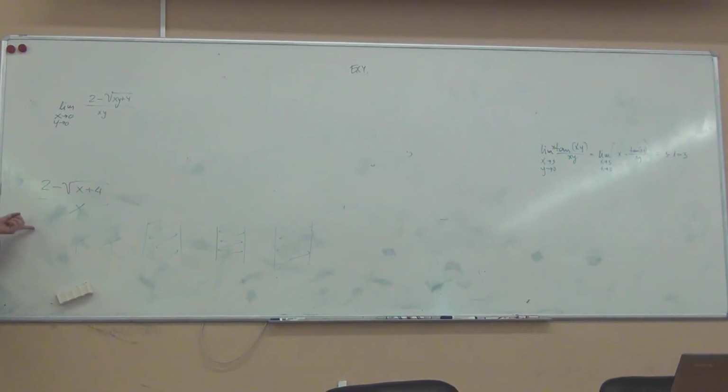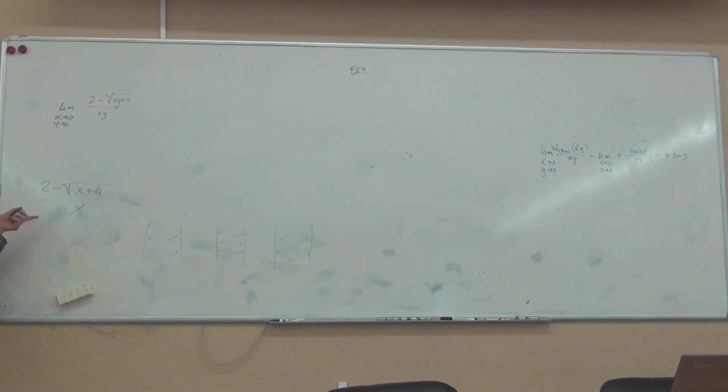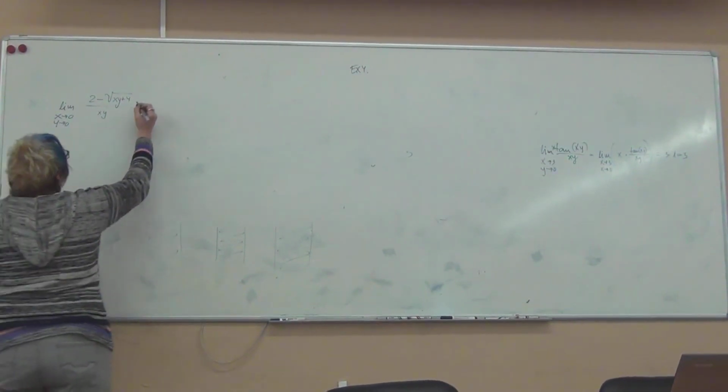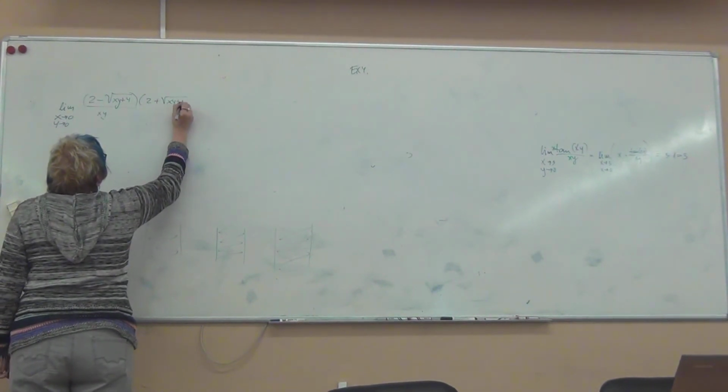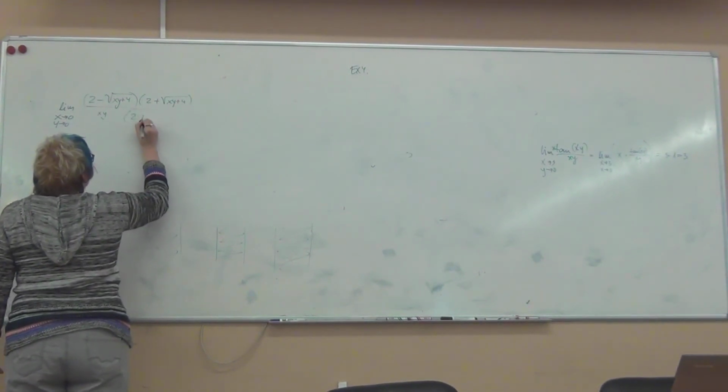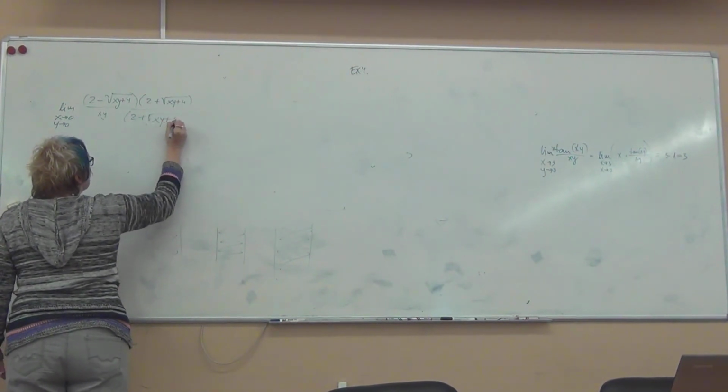What did we do in this case? We multiplied and divided by the conjugate. So 2 plus the square root.